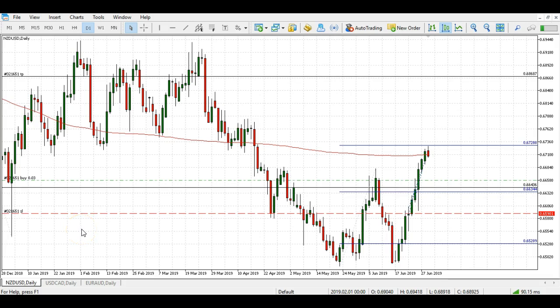We couldn't leave the New Zealand dollar off the table here, right? If we were talking about the Aussie dollar, we have to talk also about our bullish position on the New Zealand versus the US dollar. Very highly correlated, both of them. And here we've got a pretty similar situation, as we've seen previously with the Aussie dollar.